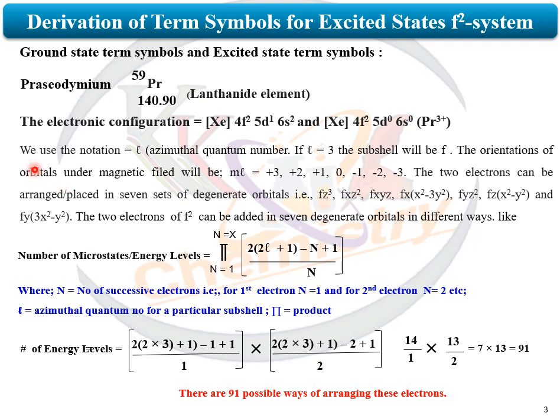And you are also aware that the orbitals are denoted by the azimuthal quantum number.